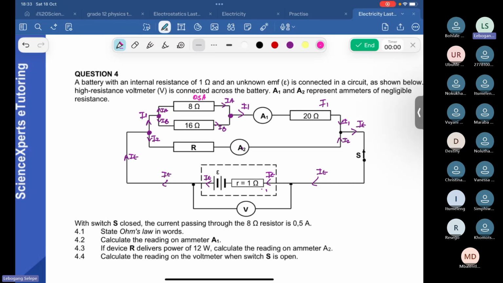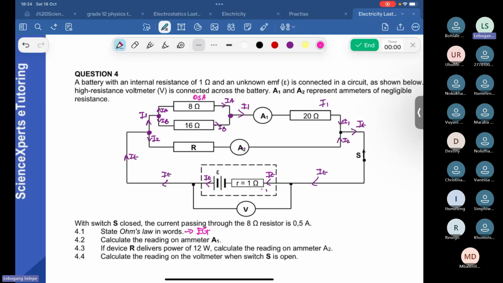The potential difference, sorry. Use the examination guideline, but it says the potential difference, not the EMF. Thank you, Vianney.